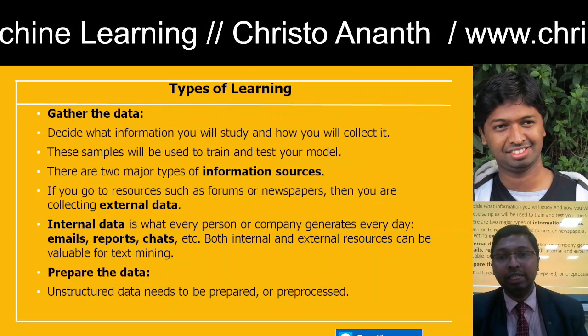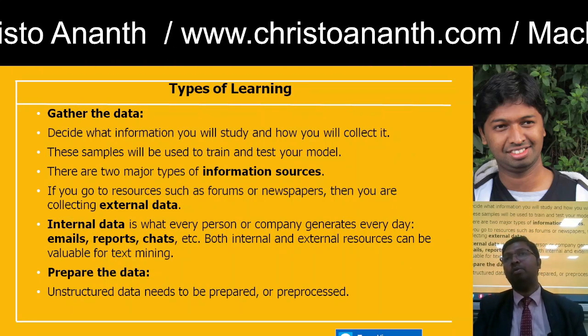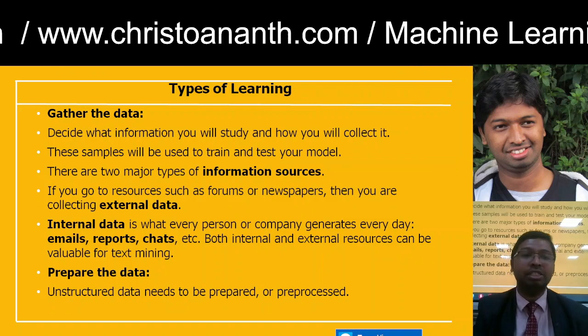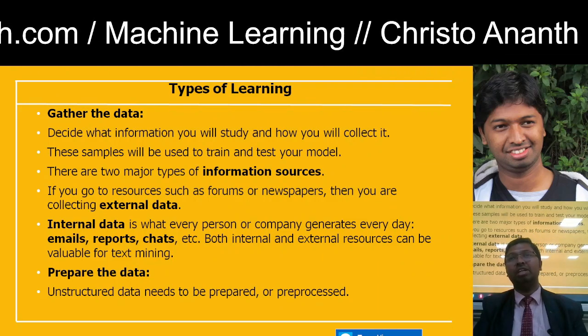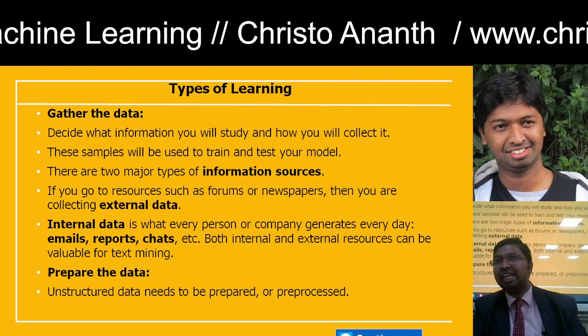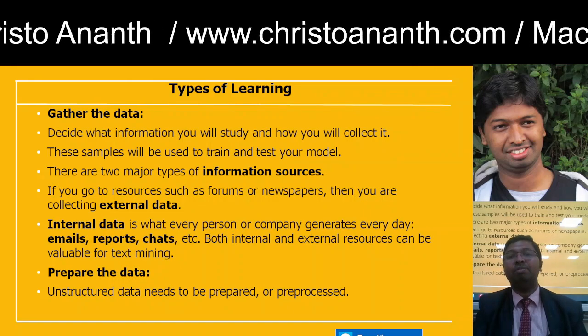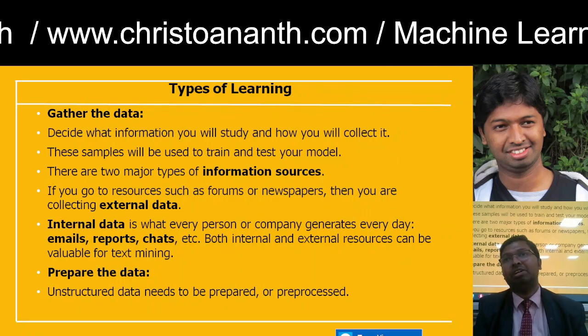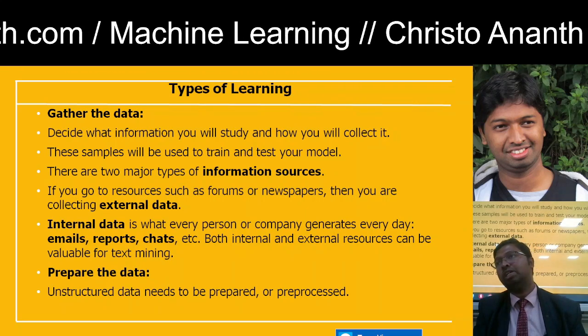And internal data is what we generate every day, or what our company or organization is generating every day. For example, email, reports, and then chat, like the chat window. That is also internal data. So both the internal as well as external resources can be useful for text mining.